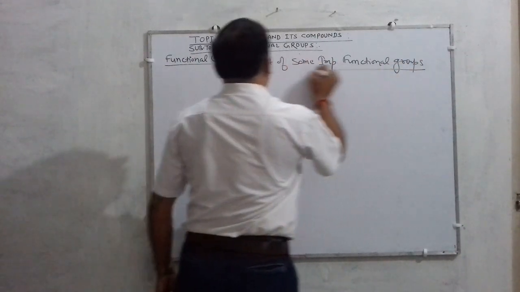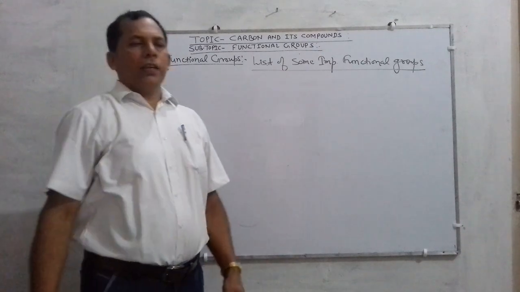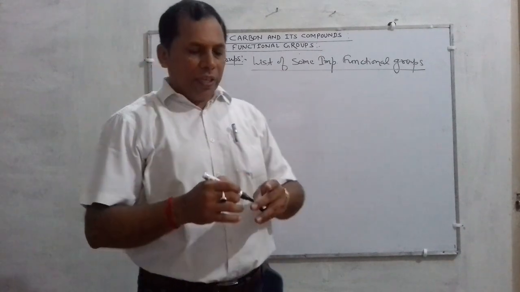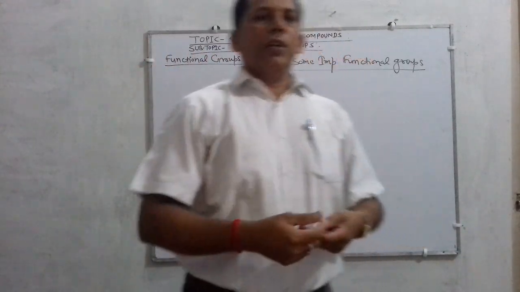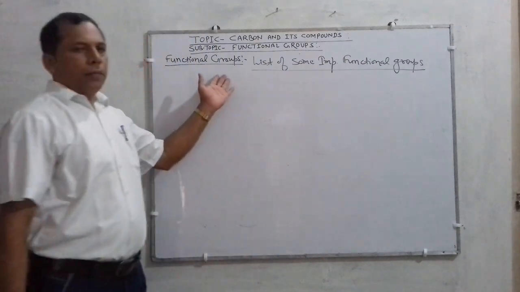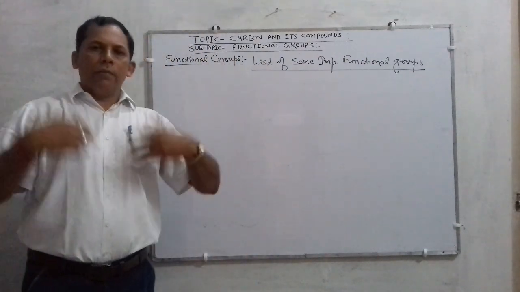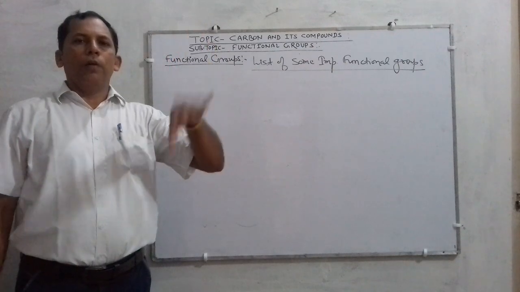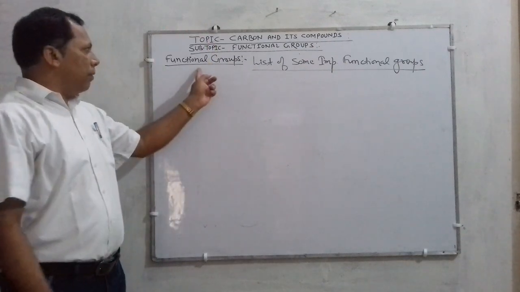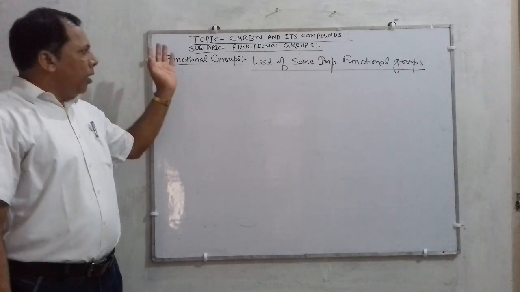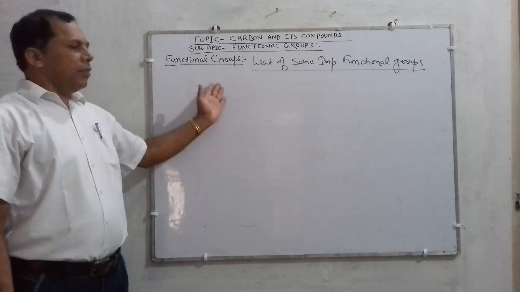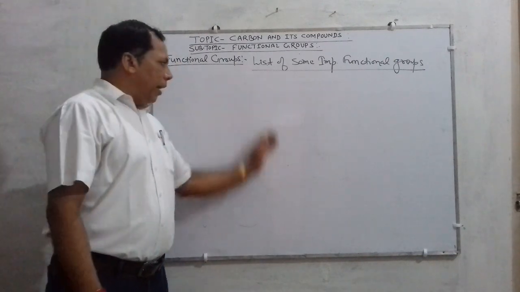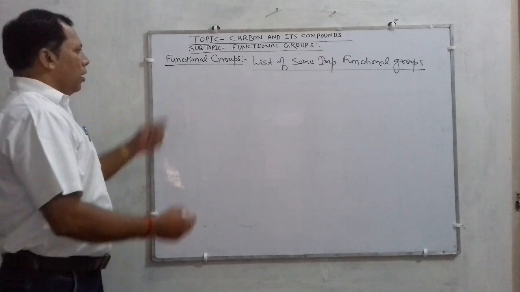This is very important for knowing organic chemistry, and they are also essential in the nomenclature of organic compounds. Without knowing them, we cannot understand organic compounds and their nomenclature. So these are very essential. You must know them and write them in sequence.